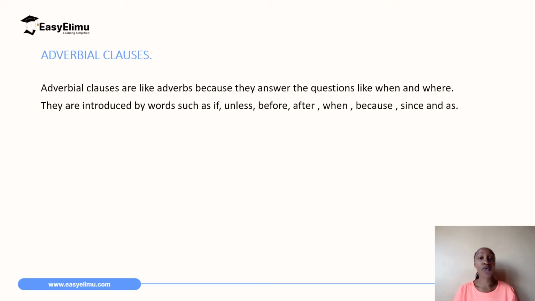So for you to pick out or identify an adverbial clause in a sentence, adverbial clauses are introduced by some words like if, unless, before, after, when, because, since, and as. So when you see those words, they are most likely introducing an adverbial clause in a sentence.